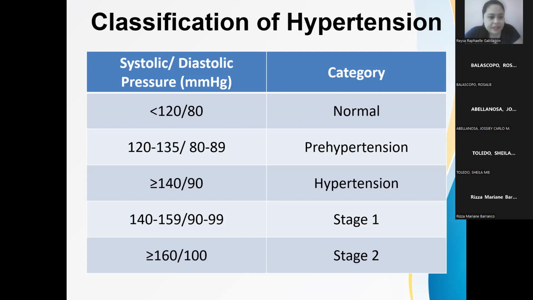Okay, very good. Not normal. The blood pressure is not normal even if the systole is normal but the diastole is more than 80. That cannot be considered normal. So as I said earlier, it should be both systolic and diastolic pressure less than 120 and less than 80 respectively for you to be considered normal.